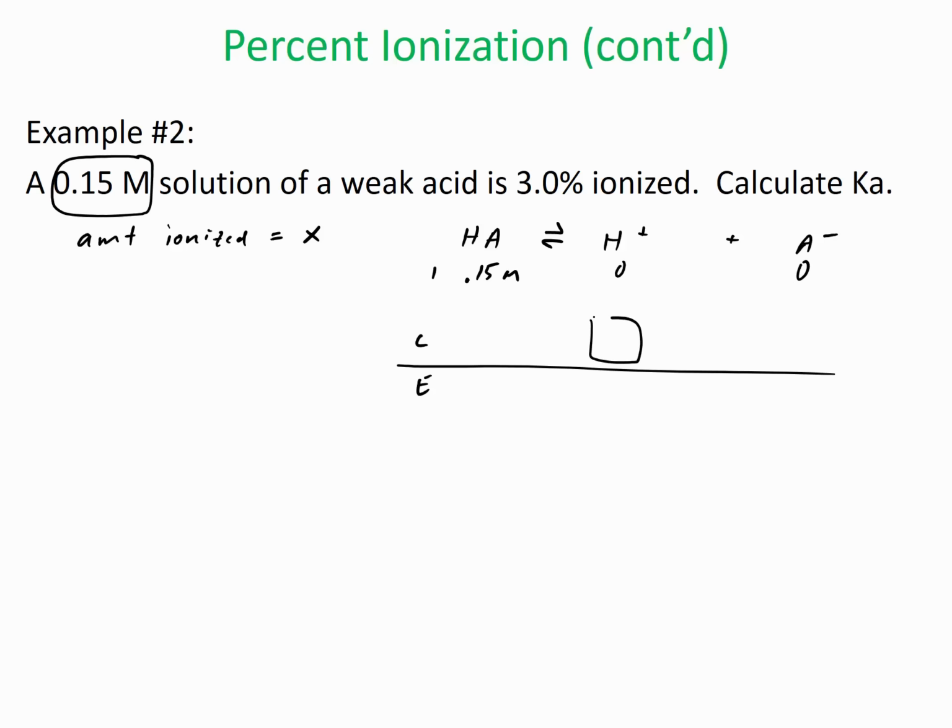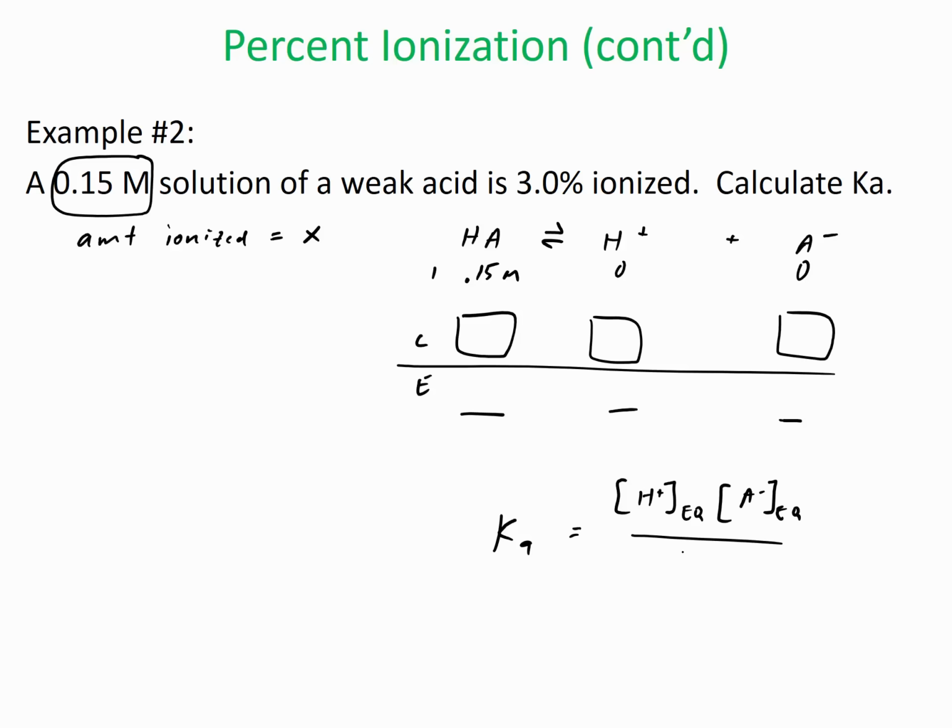So they're giving us x by telling us the percent ionization, because we need these to get Ka. So Ka is going to be H plus at equilibrium times A minus at equilibrium over HA at equilibrium.